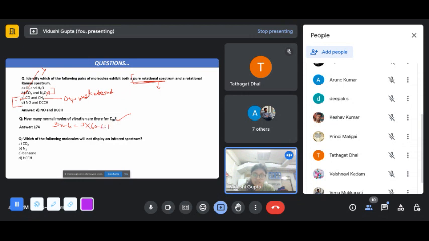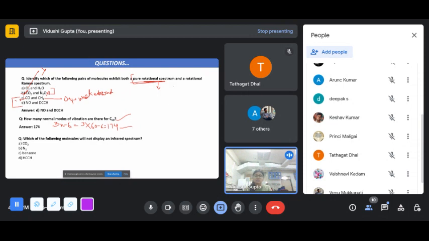Now the next question: which of the following molecules will not display an infrared spectrum? CO2, N2, benzene, HCCH. This is a very easy question, everyone can answer this.